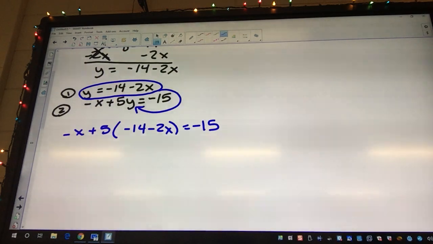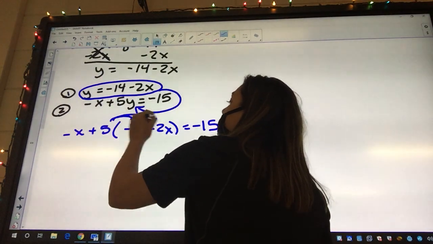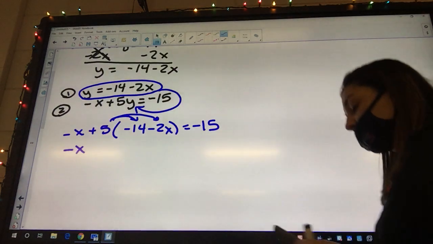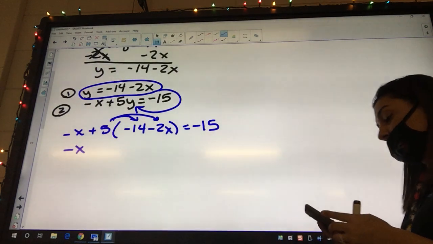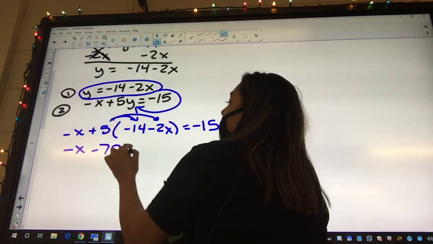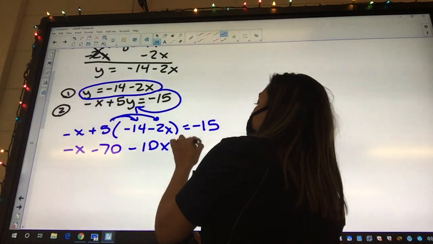What's our next step? Okay, so we got to distribute. So I got negative x, and I don't know, minus 70 minus 10x equals negative 15.